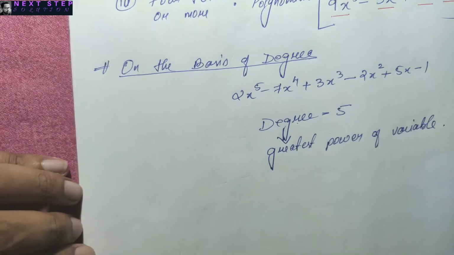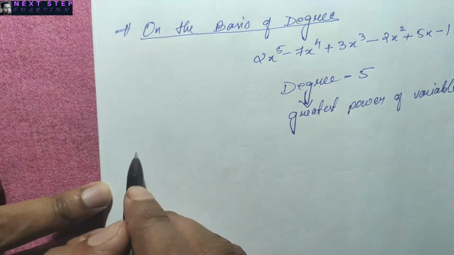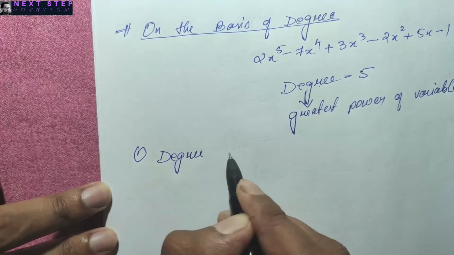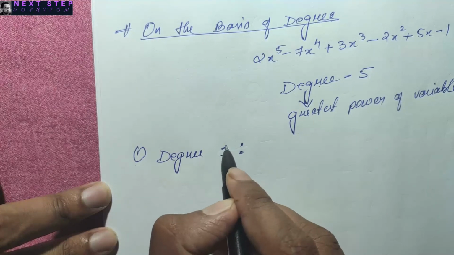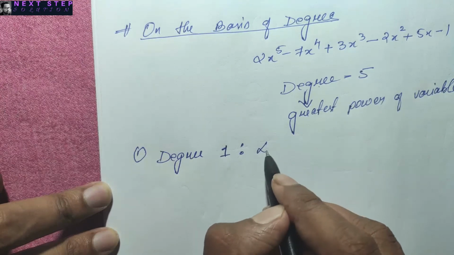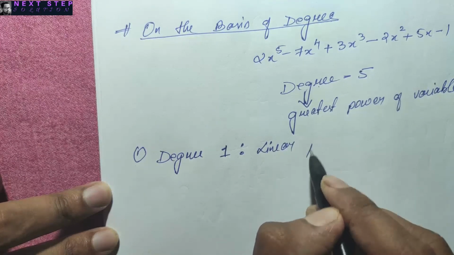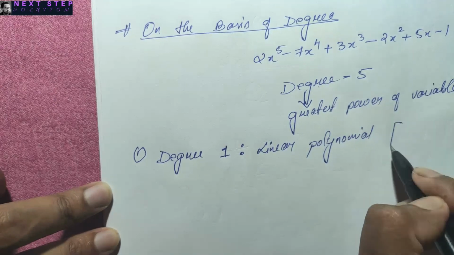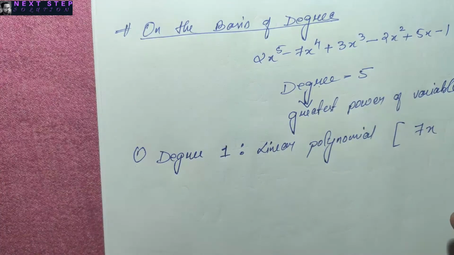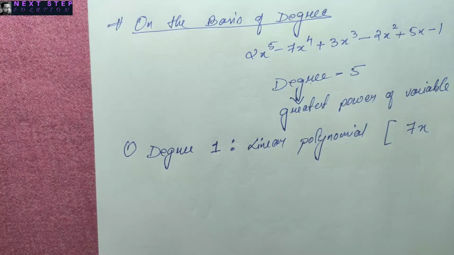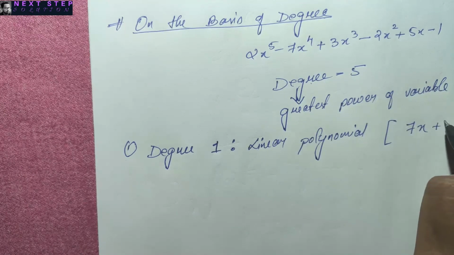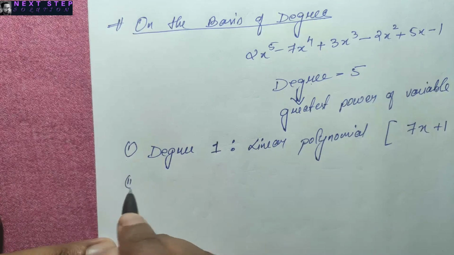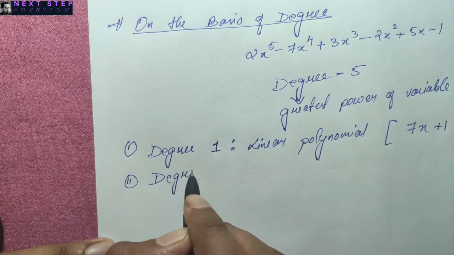Now the first is if the degree is 1. If the degree is 1, then we call it a linear polynomial. For example, 7x. What is the power of x? 1. So we call it a linear polynomial. 7x plus 1, still it is a linear polynomial. Next will be degree 2.